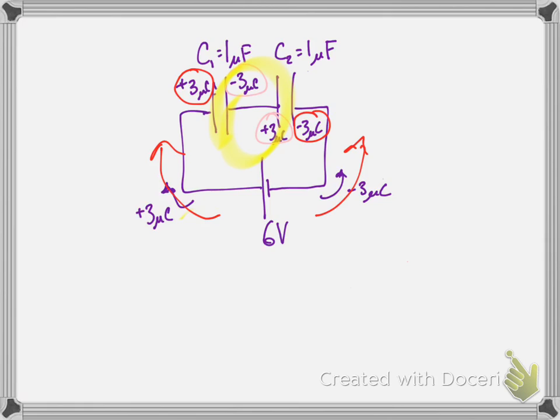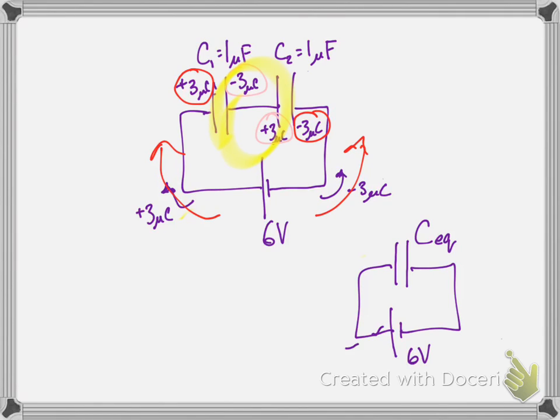So what would the equivalent circuit of this be? If this were a single capacitor, the equivalent capacitance, with 6 volts potential difference, means that the battery wouldn't see anything different. So the battery would still supply plus 3 microcoulombs and minus 3 microcoulombs.